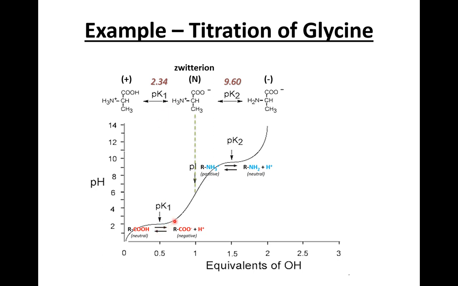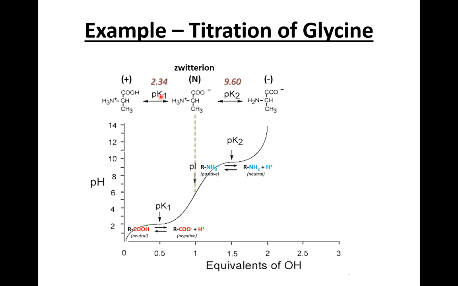And then you slowly start having more of the amino acid with the deprotonated carboxyl group compared to the protonated one. Once you get to pK plus 1, the end of the buffering range, you will have 10 times more of this form compared to this one. If you don't remember, go back to the lecture on water, pH, and buffers.